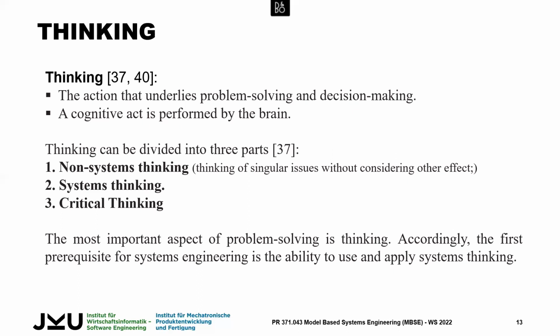So as a systems engineer, you have to think about what related problems could arise in the later part of the design. Slowly we are going to learn how all these types of thinking work, and don't mix up critical thinking and systems thinking. Critical thinking is something different. We scientists do critical thinking with some specific solutions, but systems thinking is a little bit different. We'll see what it is.